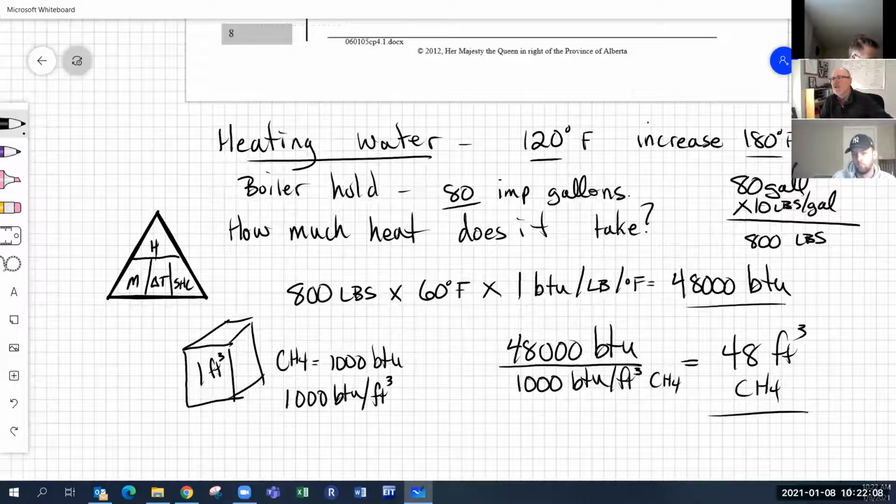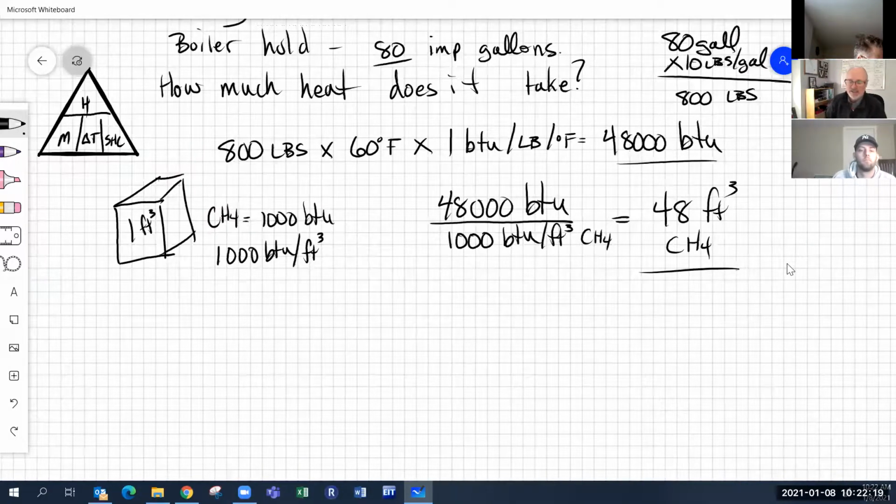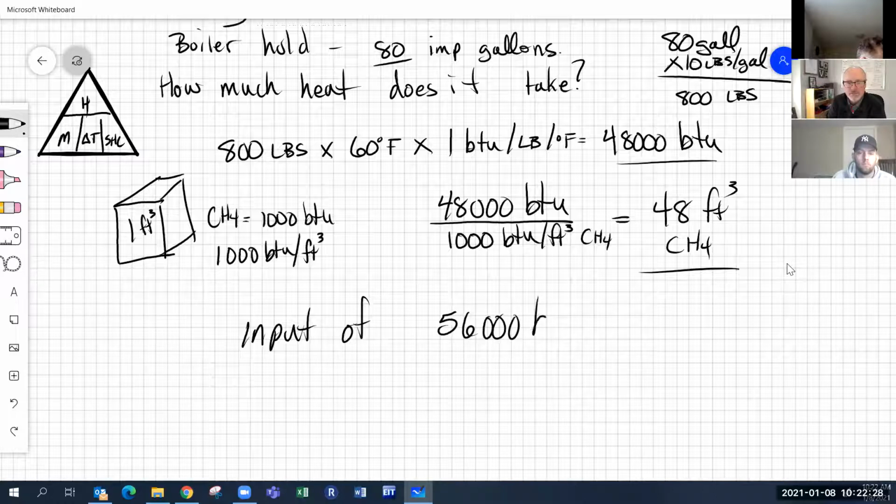So we could take one question and we could ask many, many more on that same question. Because then I could say that that boiler has an input of 56,000 BTUs per hour. And I'm going to ask, how many hours does it take to get that water up to that temperature?